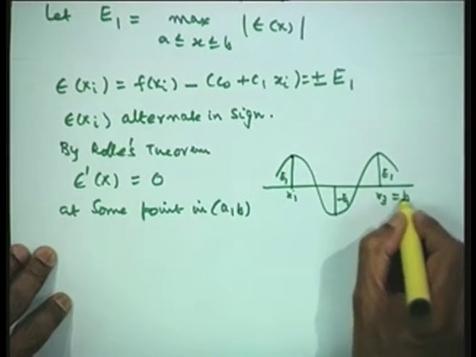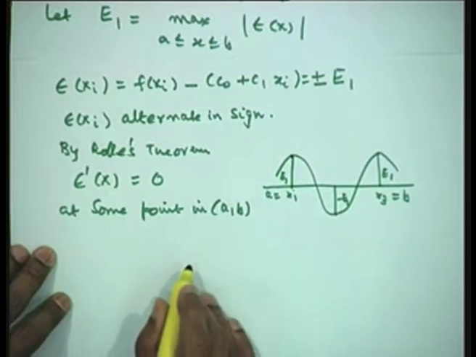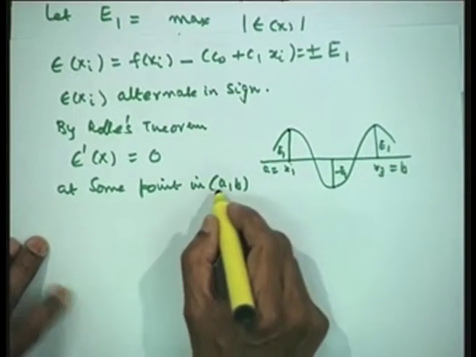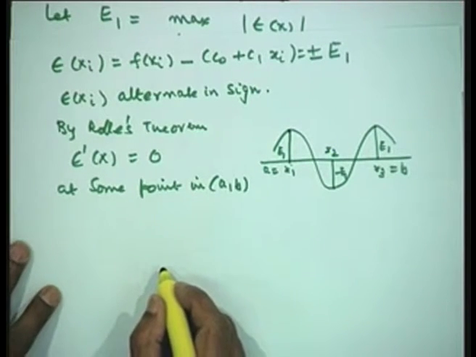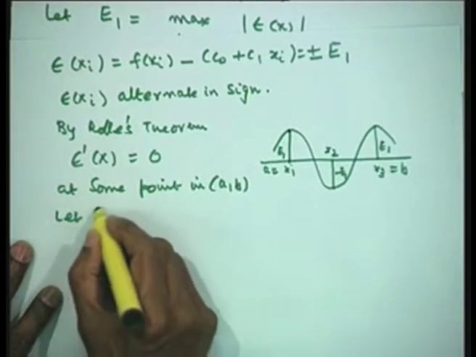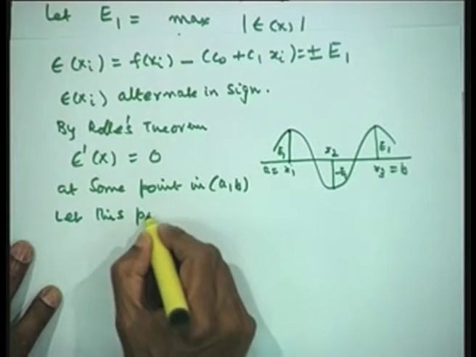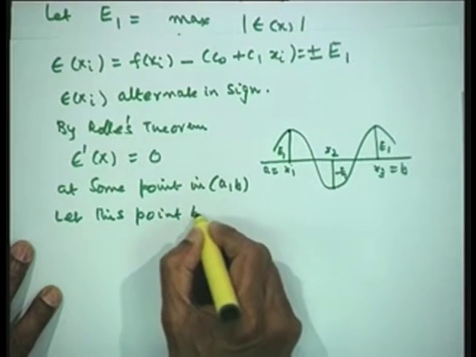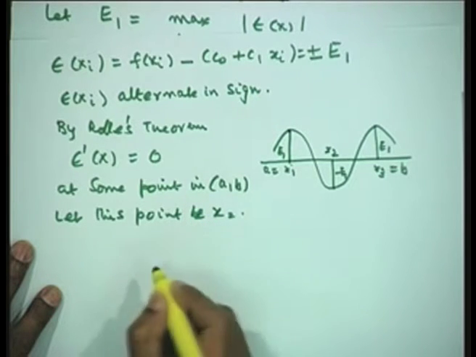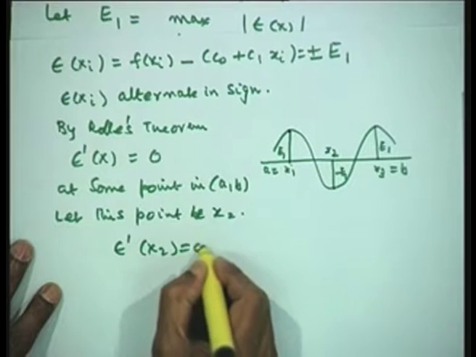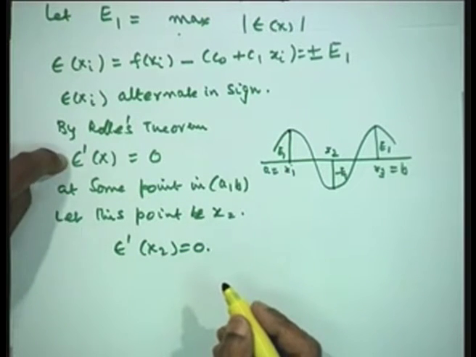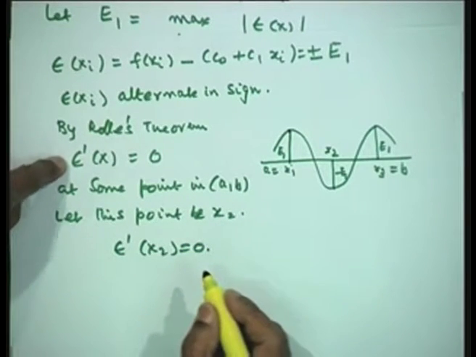This is x 3 is equal to b, a is equal to x 1, between some point, and we take this point as x 2. In other words, we are setting epsilon dash x 2 is equal to 0. So, the x 2 satisfies this equation epsilon dash x 2 is equal to 0.